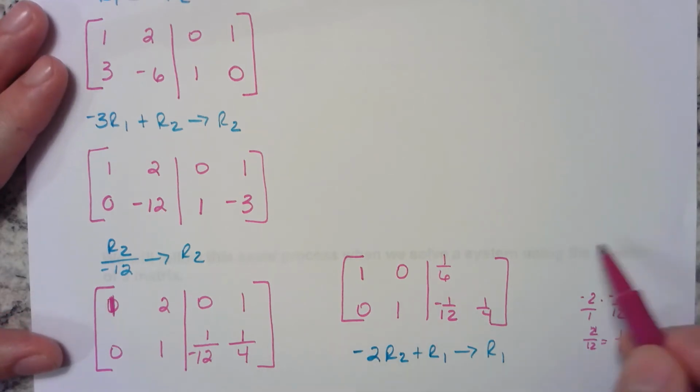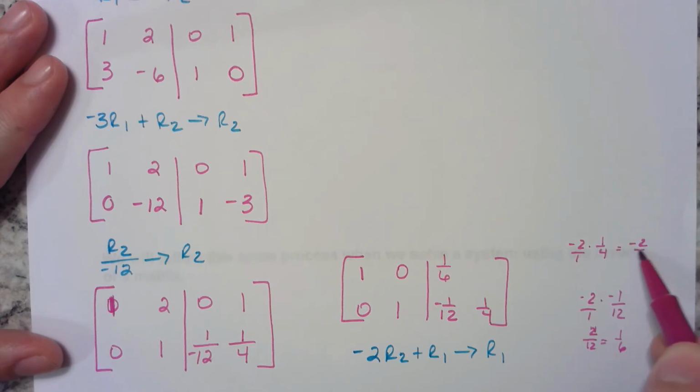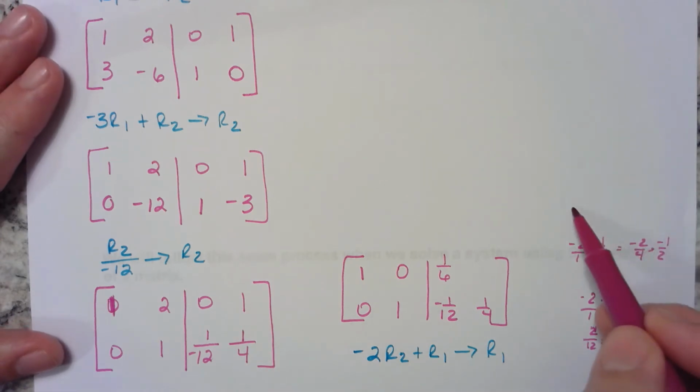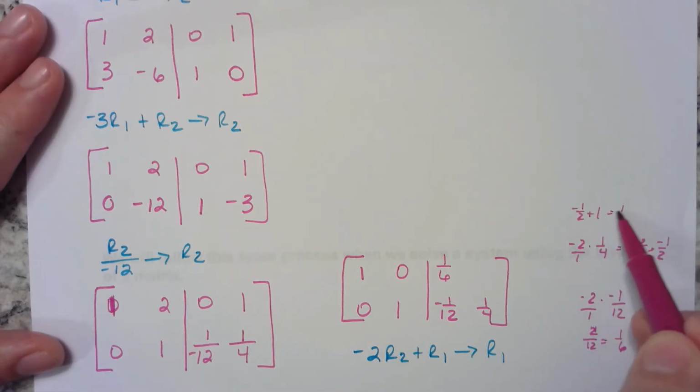Negative 2 times 1/4 is going to be a negative 2/4 or negative 1/2. Negative 1/2 plus 1 is going to be a positive 1/2.